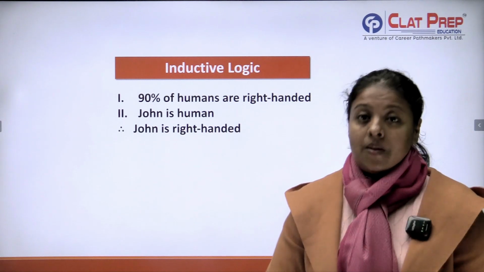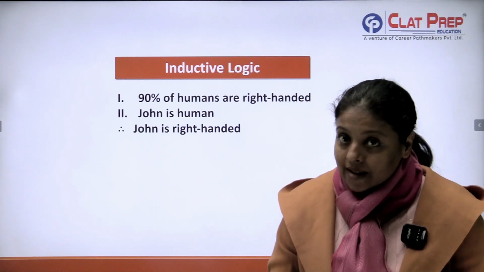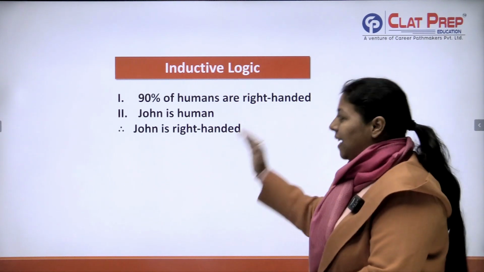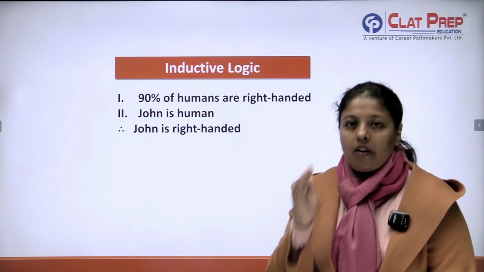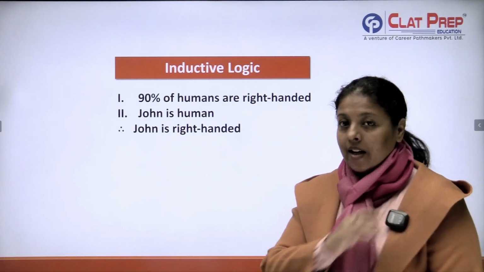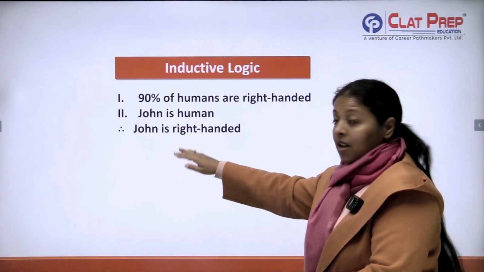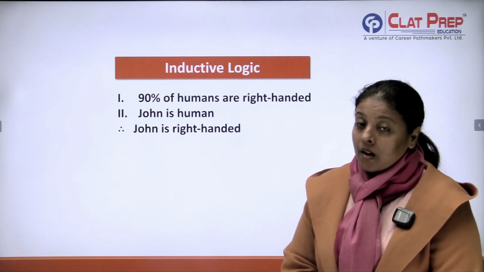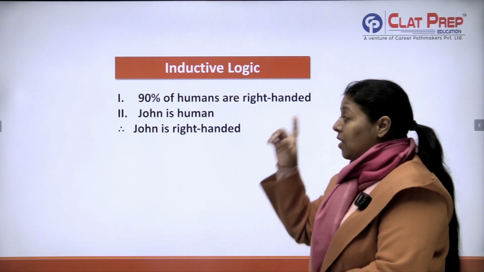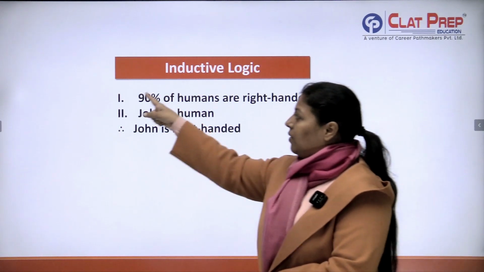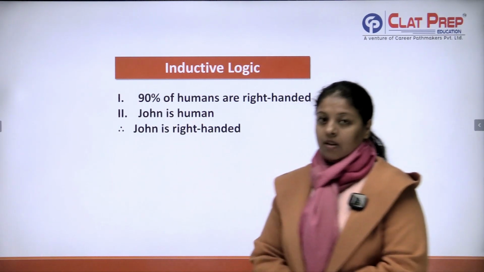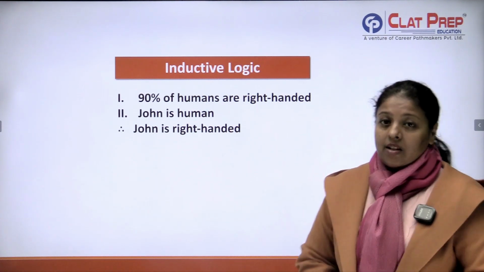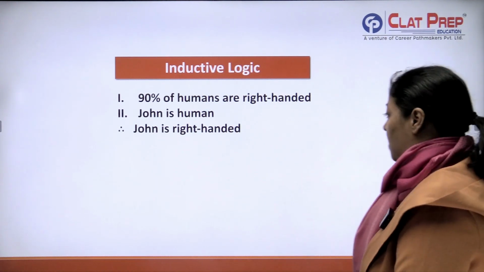They are disabled. There is a chance, right? John is human. Can I with 100% certainty conclude that John is right-handed? No, I cannot. Why? Because there is a chance that John is part of the remaining 10%. So again, this type of reasoning is known as inductive reasoning.